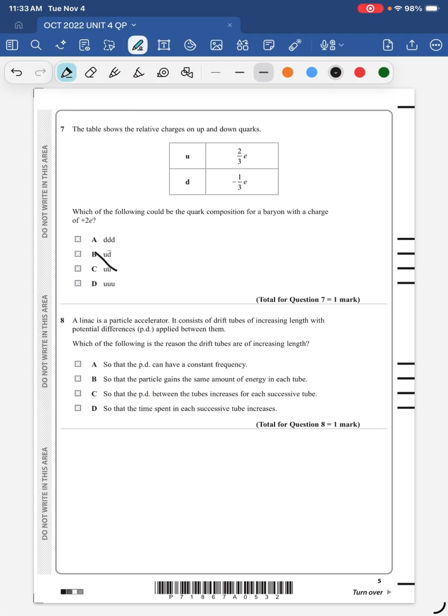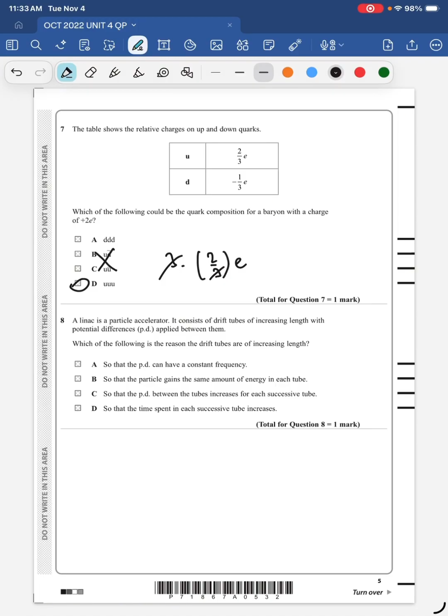These two are obviously wrong because those are mesons. So we are left with option A and D. A will give you a negative charge, so it's D. Let's verify. 3 times an up quark that has a 2/3 e charge gives you immediately plus 2e. So D is the right answer.